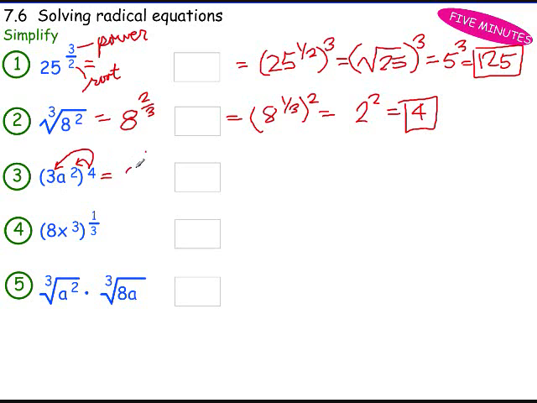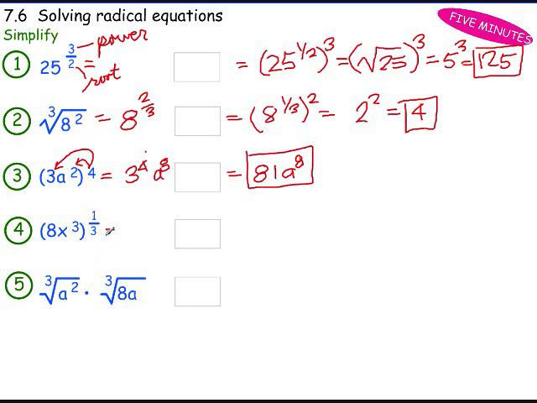So we're actually going to end up with 3 to the 4th power and a to the what power? A to the 8th power. We wouldn't leave it with 3 to the 4th power. My goodness, what is 3 times 3 times 3 times 3? You can pause this for a minute while you figure it out. 81 a to the 8th power. Pretty good.